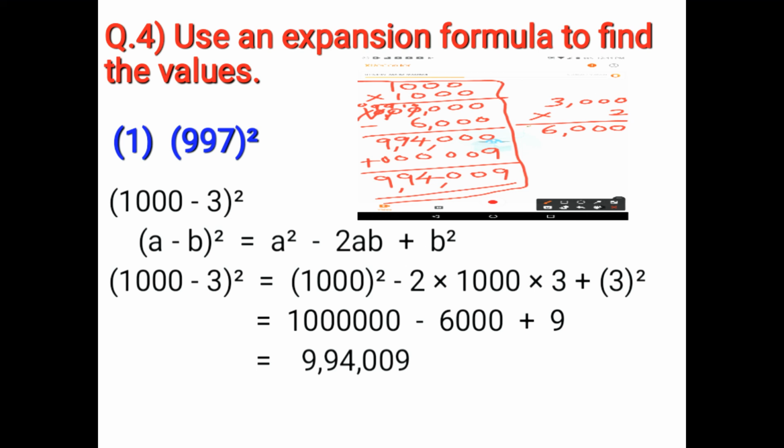Plus 3 square is 9. Here I have solved also: 10 lakh minus 6000 is 9 lakh 94,000. 9 lakh 94,000 plus 9 you have to add. So the answer is 9 lakh 94,009.